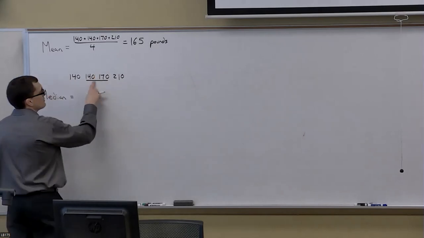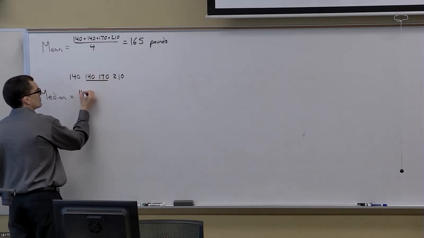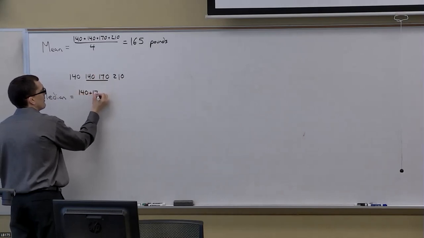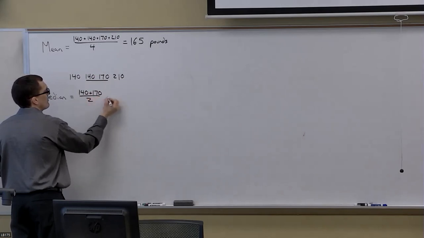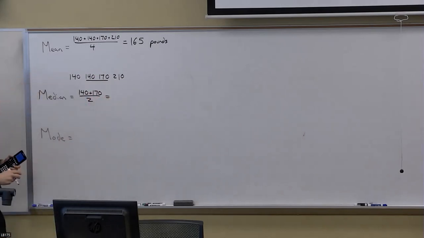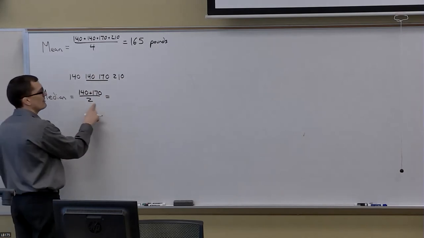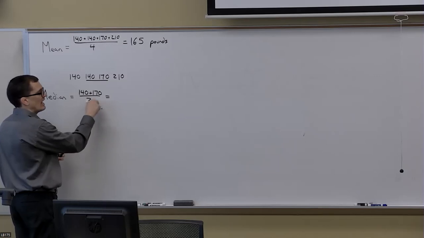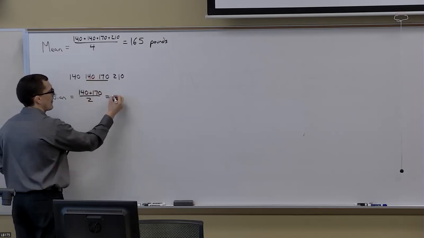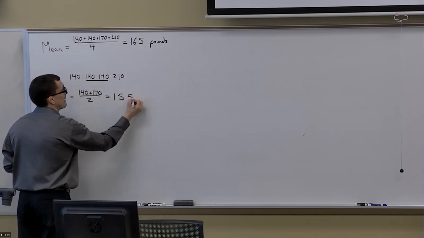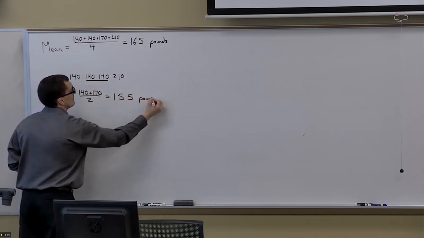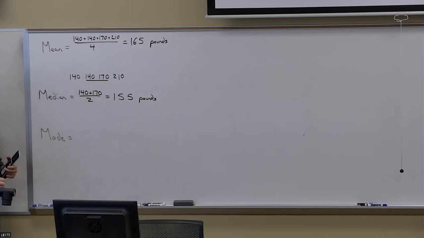So what I do is I call the middle number halfway between 140 and 170. I take my 2 middle numbers and go halfway between them. Everybody all right with that?